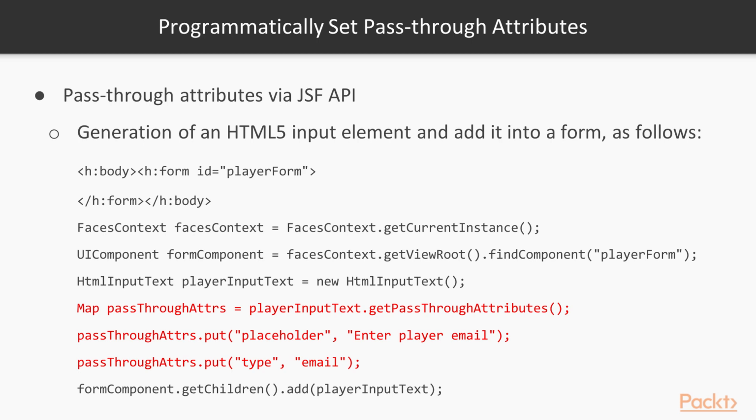Among the new supported features, we have new values for the type attribute, such as email, tel, color, and reset, and the new attribute placeholder, which is a text used as a hint in empty fields. In HTML5, such an element can be as shown in the following code.